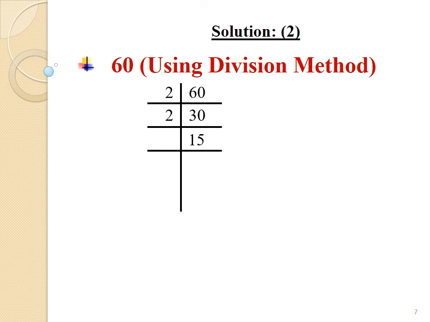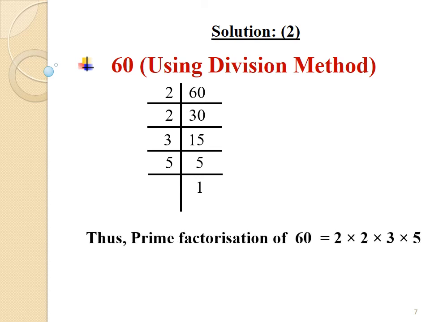Now, dividing 15 by 3, we get 5. Now, dividing 5 by the next prime number, we get 1. We know that when we obtain 1, we have to stop dividing. Thus, prime factorization of 60 equals to 2 multiplied by 2 multiplied by 3 multiplied by 5.